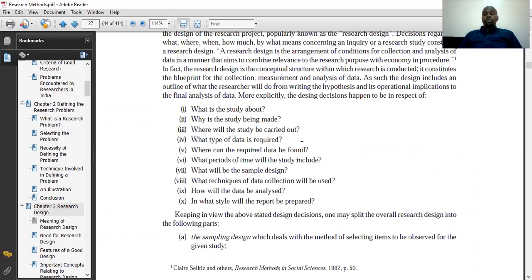When we'll be talking about sampling, we are going to be talking about something called the universe, but we are not there yet. What type of data is required? What kinds of data are there? Primary data, secondary data, qualitative data, quantitative data. So you have to know what type of data is required, and you have to plan even for that.